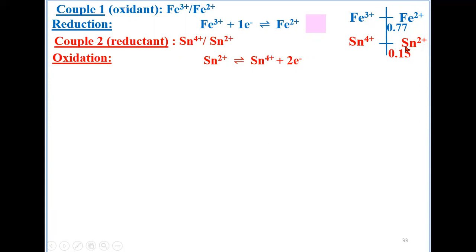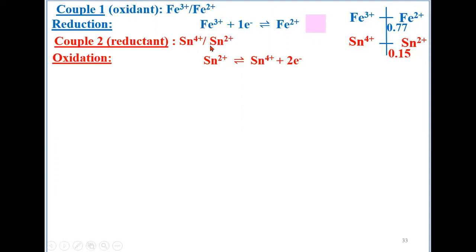But the only thing I have in the reaction mixture is Fe3 plus and tin2 plus. So I can't react something that I don't have. I only mixed Fe3 plus and tin2 plus. So that's pretty much why I can write an equation without doing the E calculation for this.